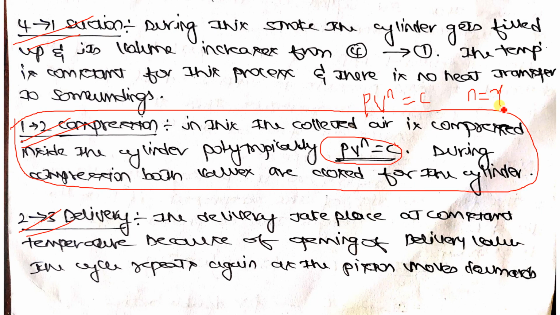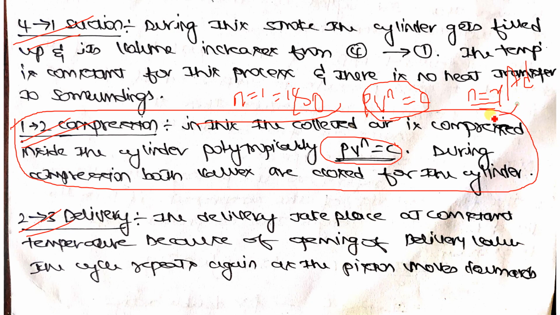If n takes the value of 1, then it is known as an isothermal process. So remember all this basics. PV^n equals constant is a polytropic process, PV^gamma equals constant is an adiabatic process, and PV^1 equals constant is an isothermal process.